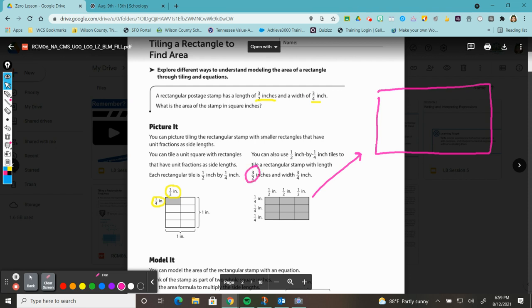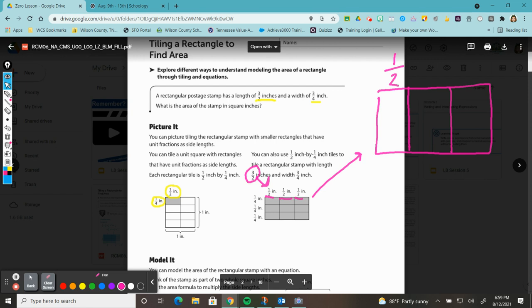If I broke that up into its unit fractions, that would be 1/2 plus 1/2 plus 1/2. So I would need 3 1/2 pieces. So each column is 1/2.